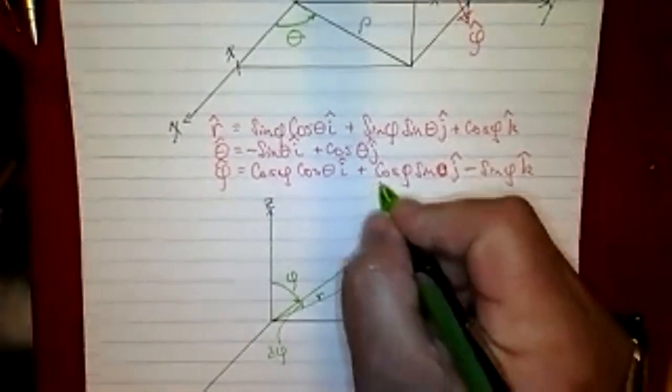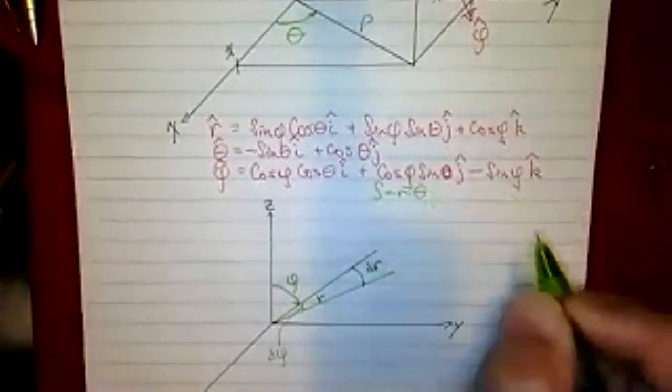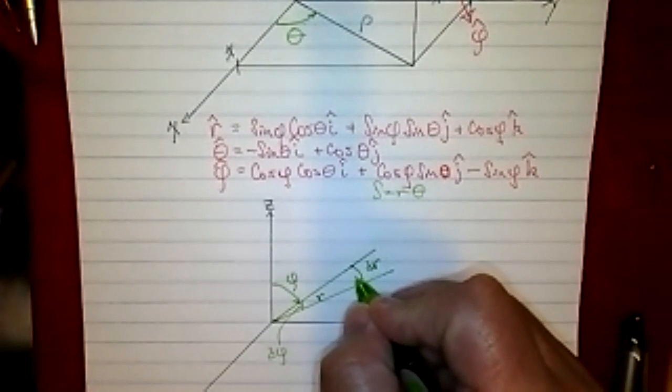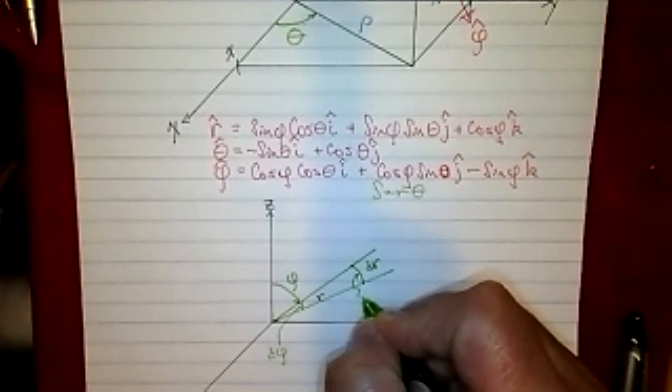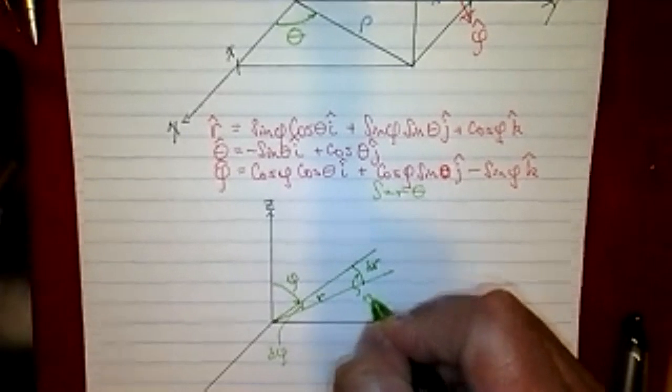So we have to use again s equals R times theta to realize that this distance is R d phi.